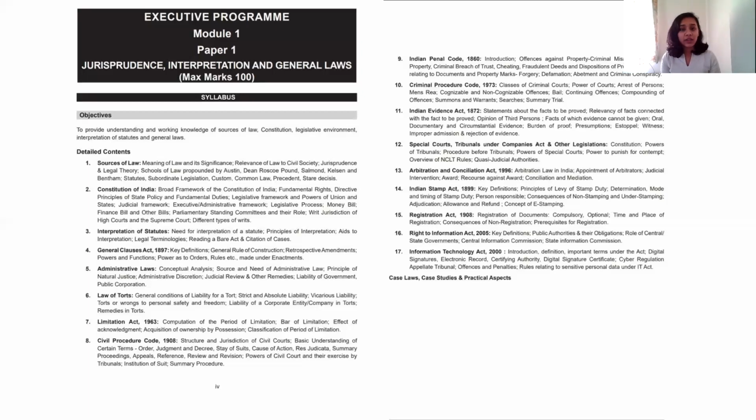Do I have the right to own property? Do I have the right to protect my property? Do I have the right to enter into a contract? What will happen in case of breach of contract? Then, in case an offense is committed against me, what rights of mine have been violated? These are the things which amount to substantive law.